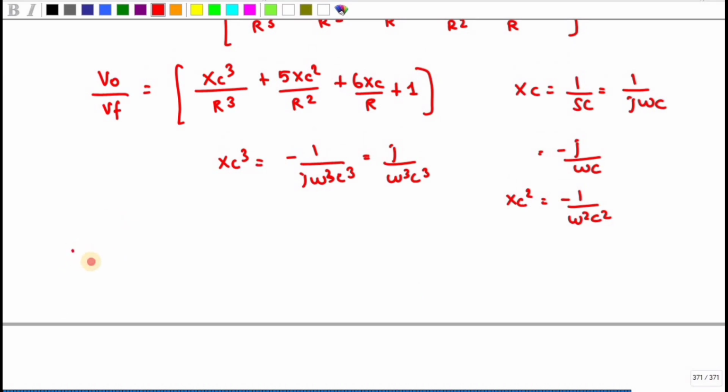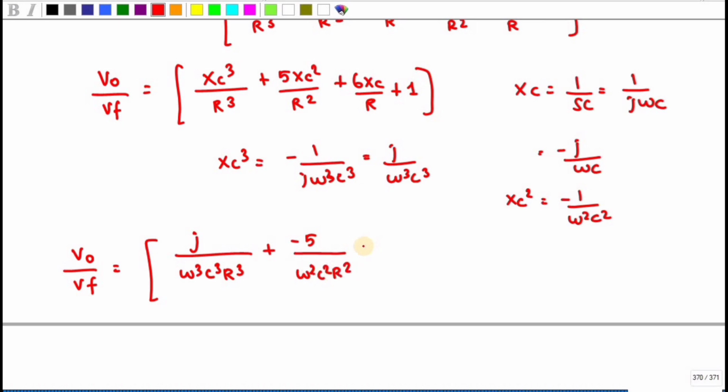So what is V naught divided by Vf? V naught divided by Vf is equal to j divided by omega cube c cube r cube plus minus 5 divided by omega square c square r square minus j 6 divided by omega c r plus 1.